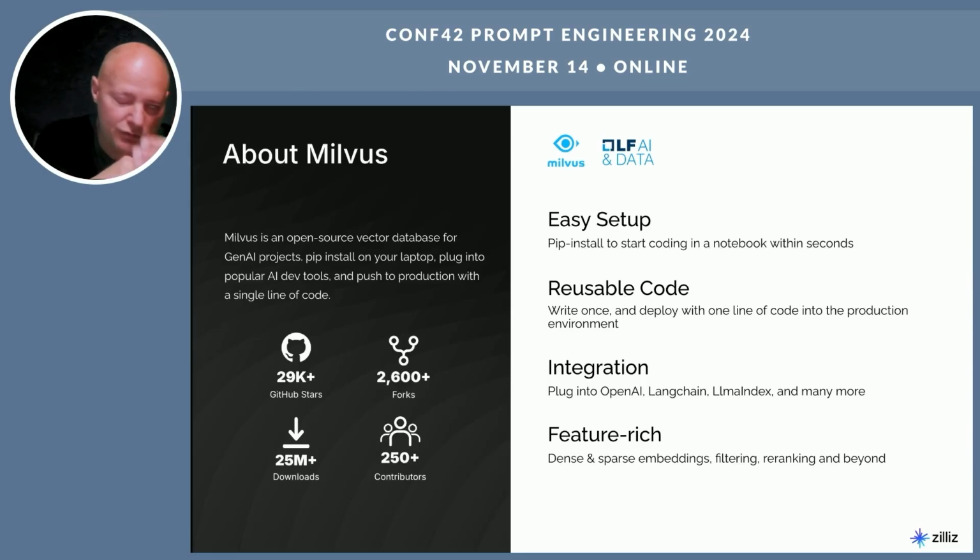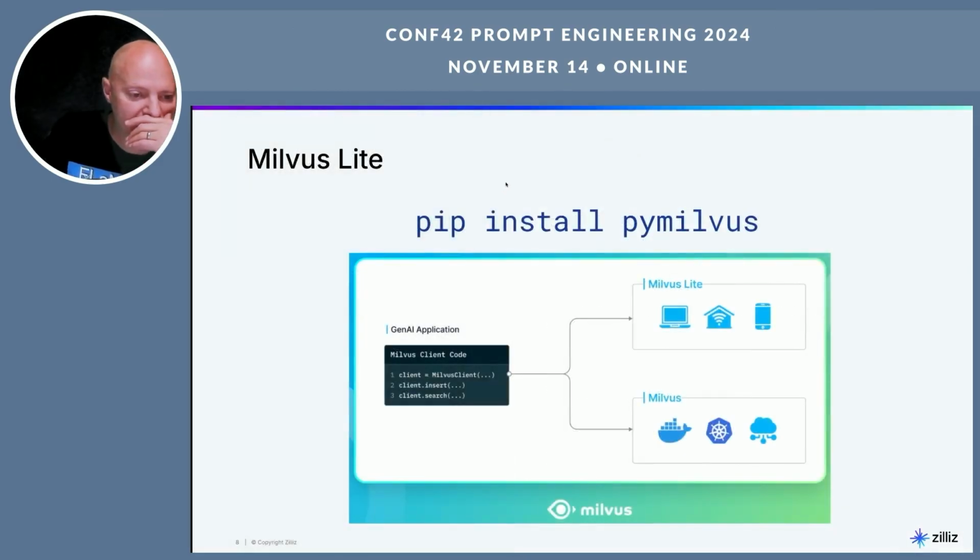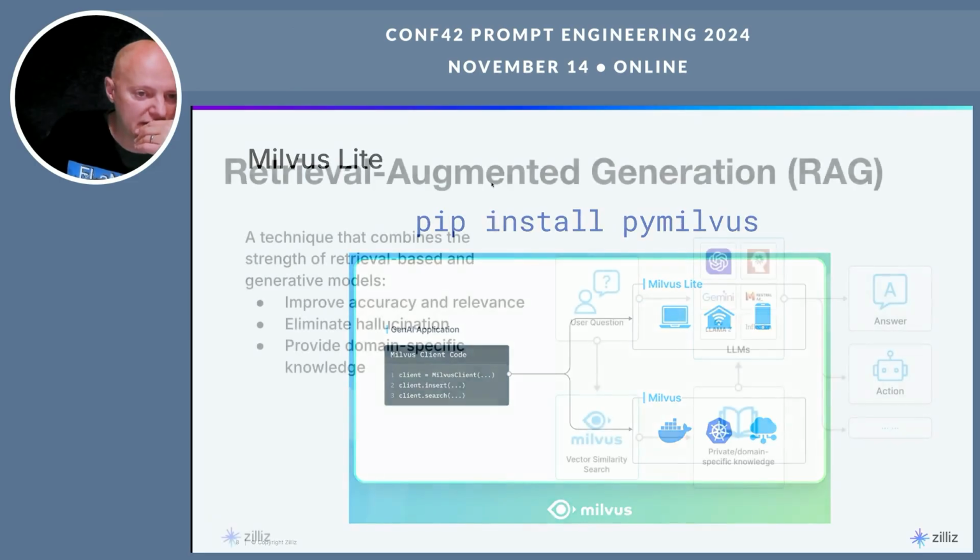So you can write code once in the notebook and it is available wherever you need it to be, which makes it great. And it's integrated with everything you need it to be, whether it's different models, people hosting models, different libraries, sources, and support for dense and sparse embedding, filtering, re-ranking, and all the features you expect. Very easy to get started.